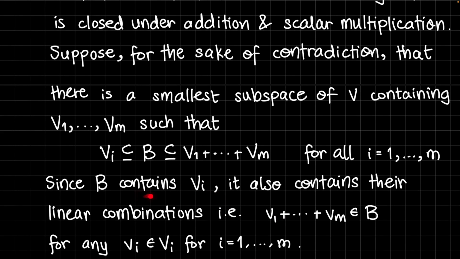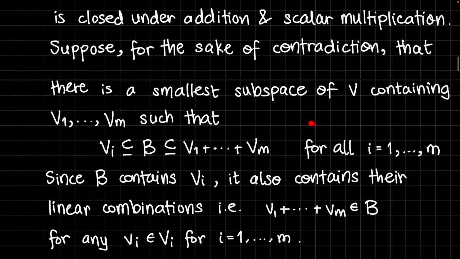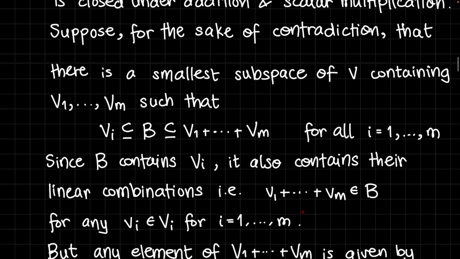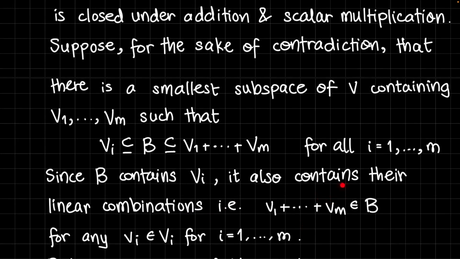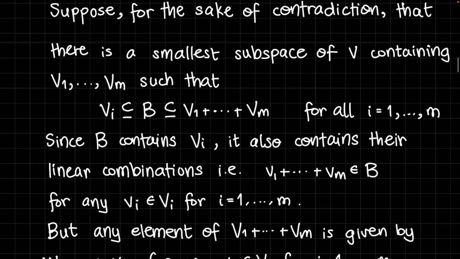Now since B contains Vi for all i, it also contains their linear combinations because it's a subspace. So it needs to respect that if small v1 through small vm belong to B, with each vi belonging to capital Vi, then their sum, small v1 plus dot dot dot plus small vm, also belongs to B, just from the properties of B being a subspace.